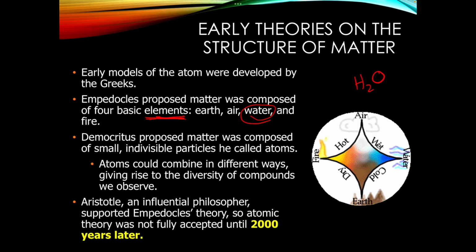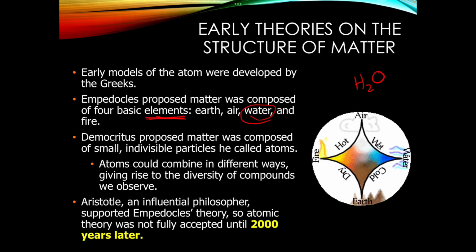There would be some fundamental particle that couldn't be divided. And indivisible in Greek is atomos. So he said there's an atom in there that we can't tear into pieces, which turns out to be right. He said these atoms could combine in different ways and give rise to a bunch of different compounds that we observe. All of this is true.